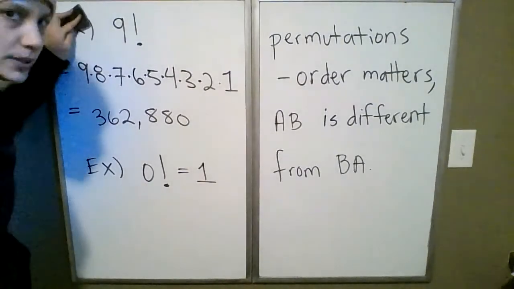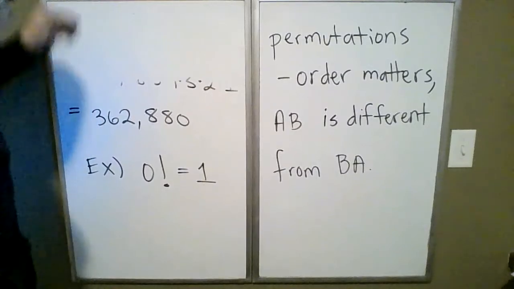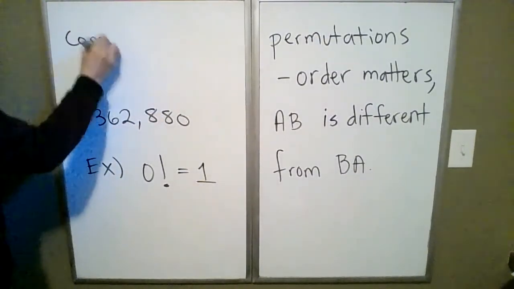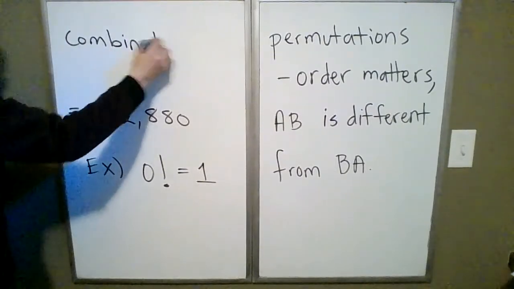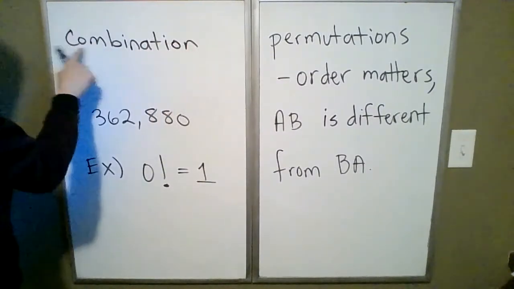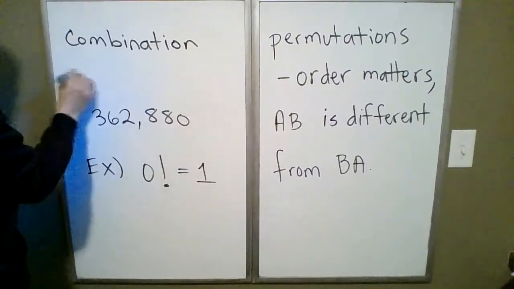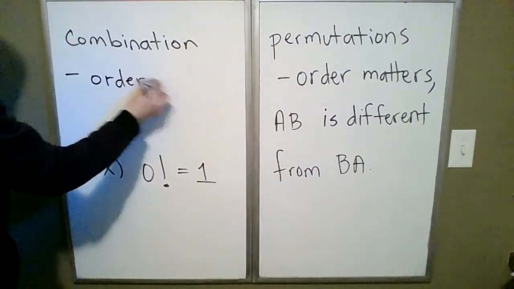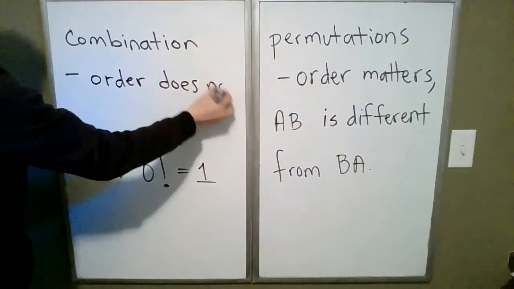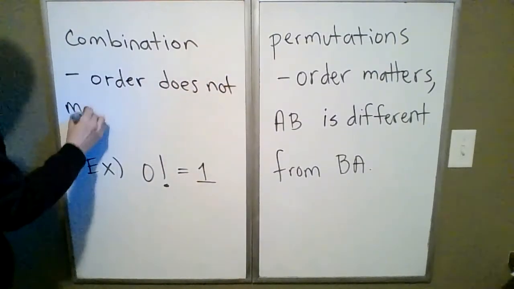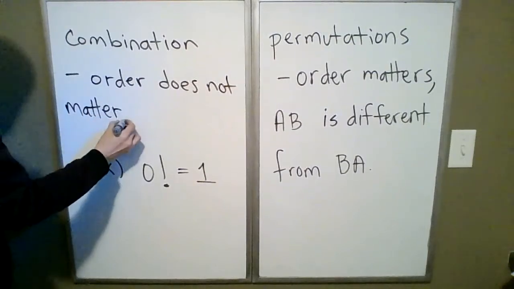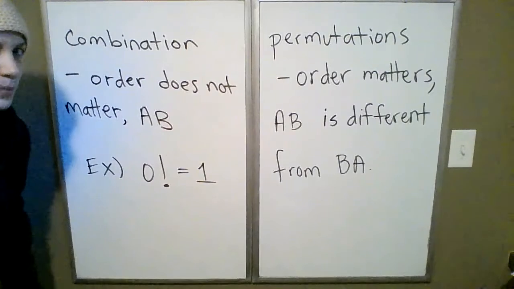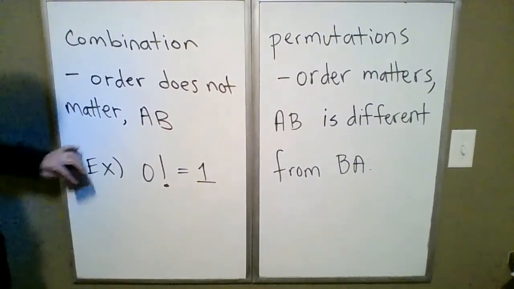If it's a combination, the order doesn't matter. So this time AB is the same as BA.